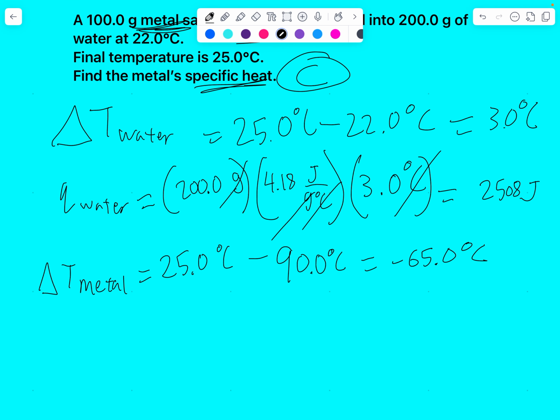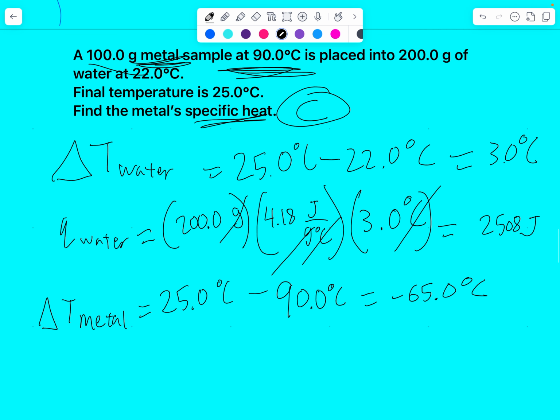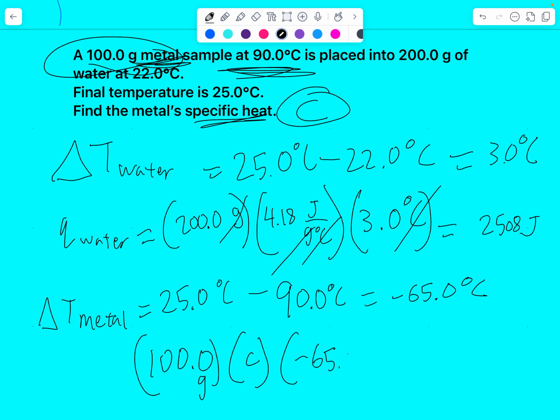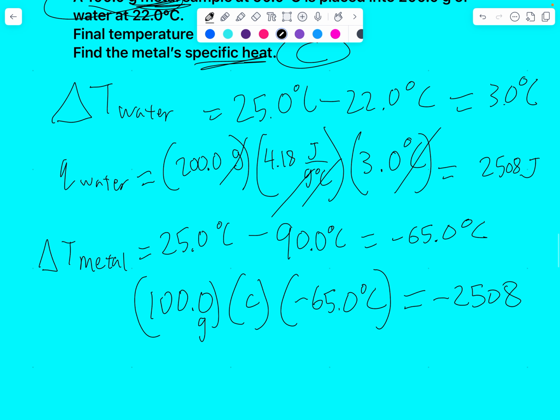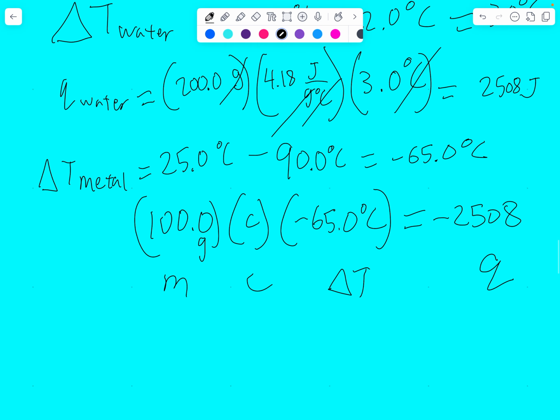So we're going to say we have 100 grams of metal times C, times negative 65 degrees Celsius, equals negative 2508 for Q. So this is your Q, this is your M, this is your C, this is your delta T. I just chose to put the Q on the other side.